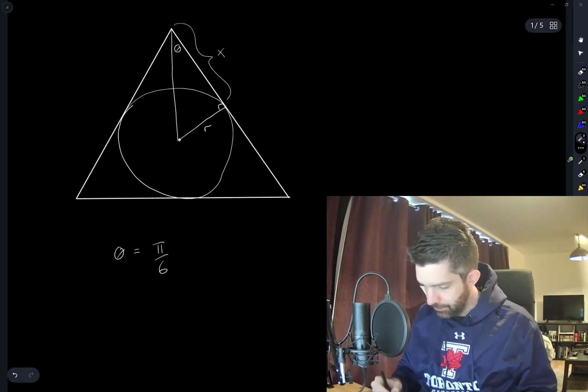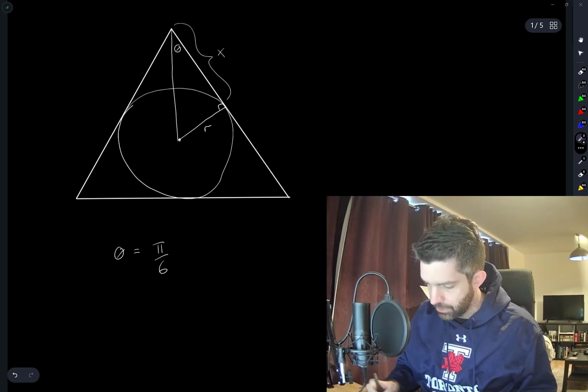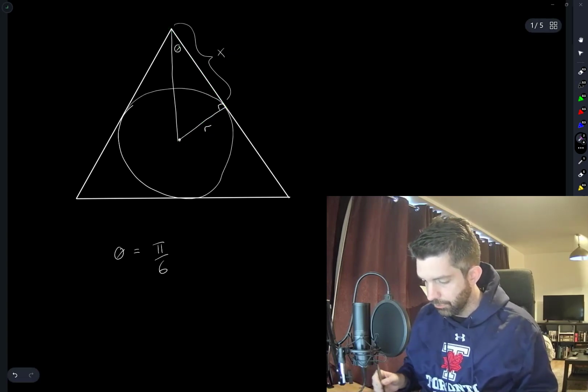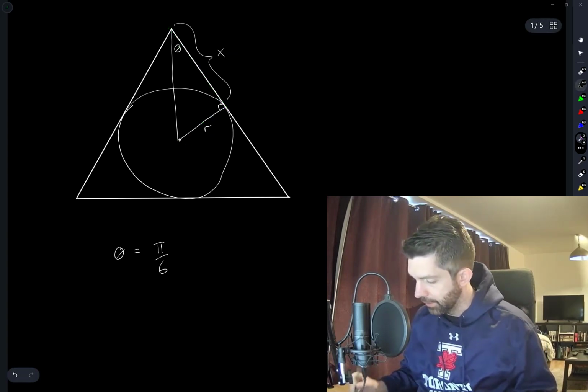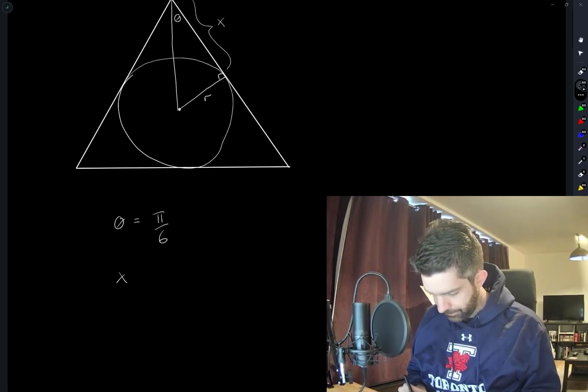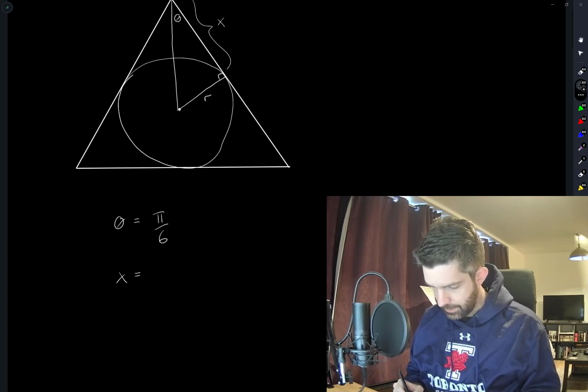because the area of this small triangle is x times r over 2, right? We have a base times a height. And there are 6 of these triangles in total that make up the equilateral triangle. Okay, so x is equal to, what is it?